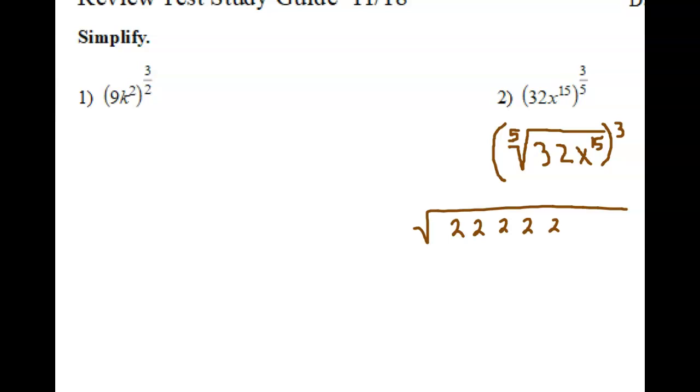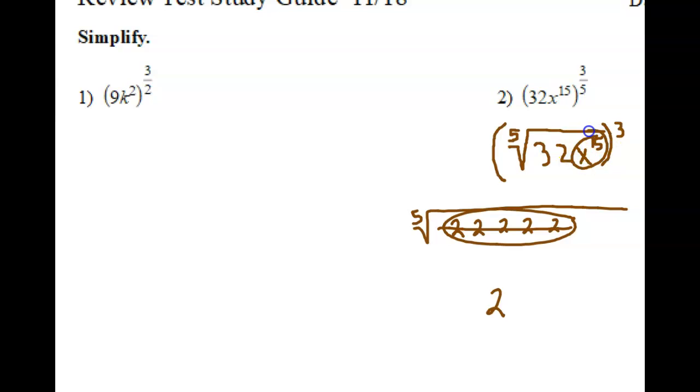Now, you may not really need to do that. You may be able to do this part mentally, but let's save the x's for a minute because I'll show you how to do it mentally, but if you want to actually write it out, you can. But basically, we're looking for groups of 5, right? And for every group of 5, I can take that number out and cross it off.